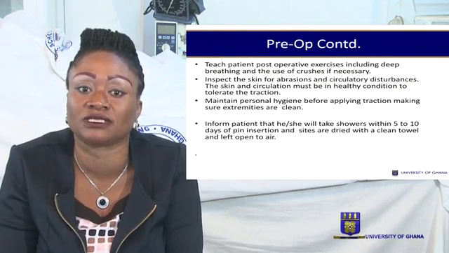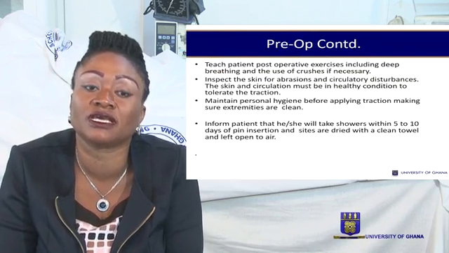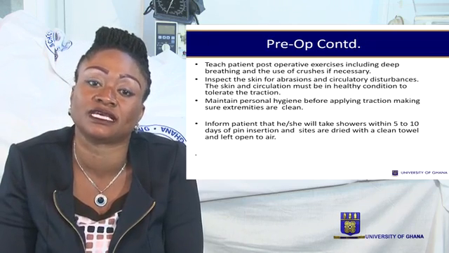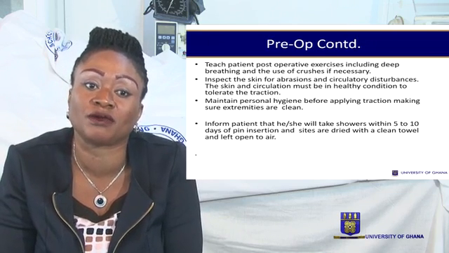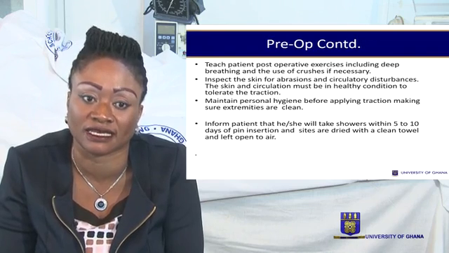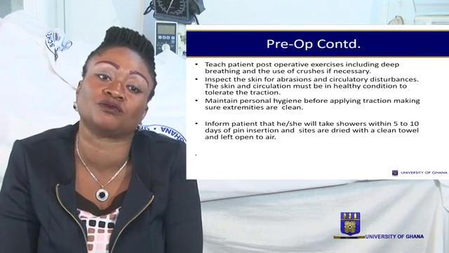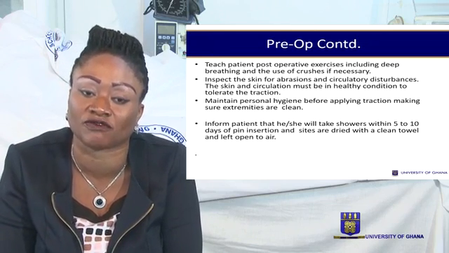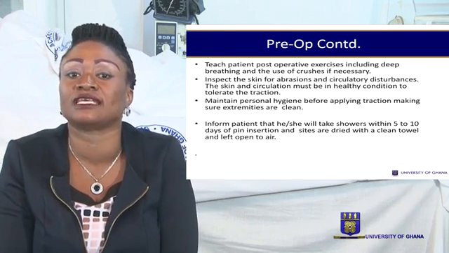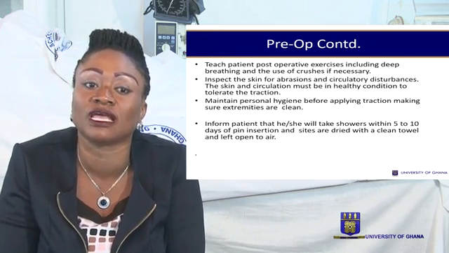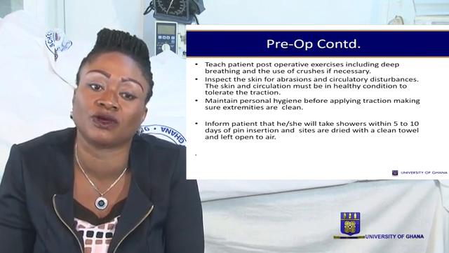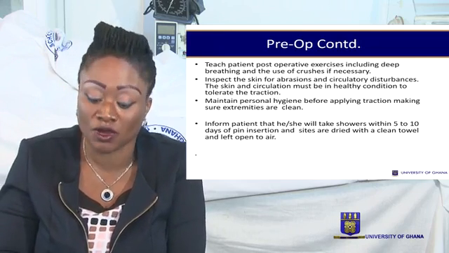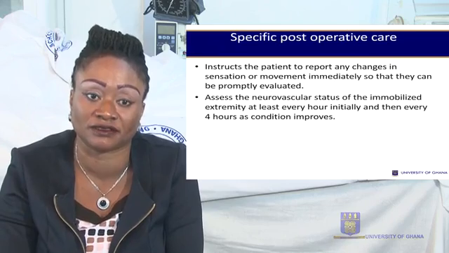The skin and circulation must be in healthy condition in order to tolerate the traction. Personal hygiene must be maintained before applying traction, making sure that the extremities are clean. And then the patient should also be informed that he or she should take showers within 5 to 10 days of pin insertion. Then the sites are dried with a clean towel and left open to air. We want to do all these in order to prevent infection.